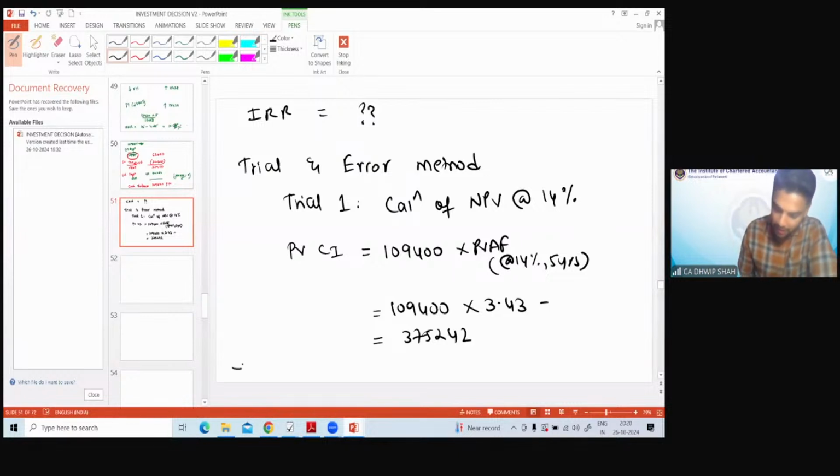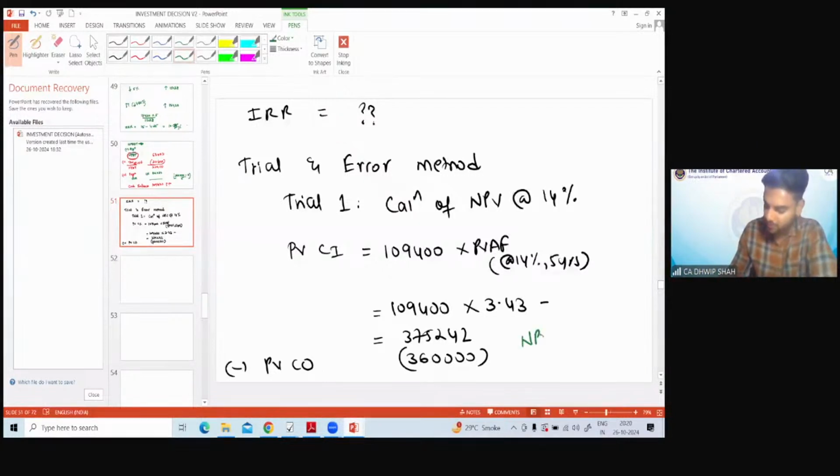Yes or no? And if I subtract PVCO, which is 3,60,000, can I say my NPV at 14% is positive? It is positive 15,242. Everyone understood till here? You don't need to prepare a table here because cash inflows per annum are constant. Just directly multiply by PVAF. So trial one, 14%, gives positive NPV. So 14% is not my IRR.